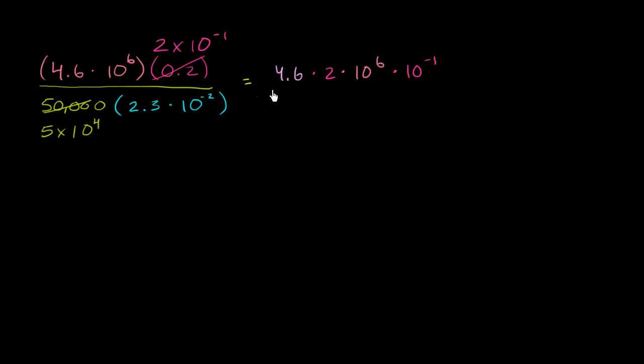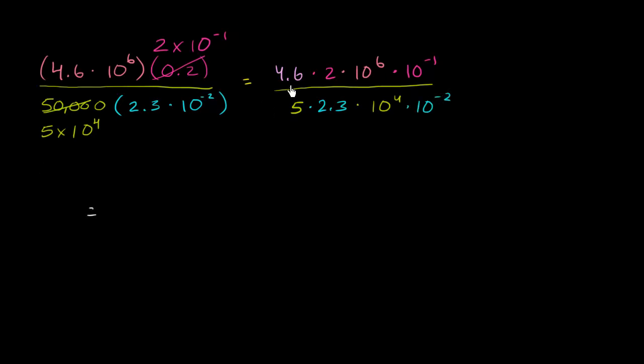And then in the denominator, I've got 5 times 2.3 times 10 to the 4th times 10 to the 4th times 10 to the negative 2 times 10 to the negative 2. And now let us attempt to simplify this thing.